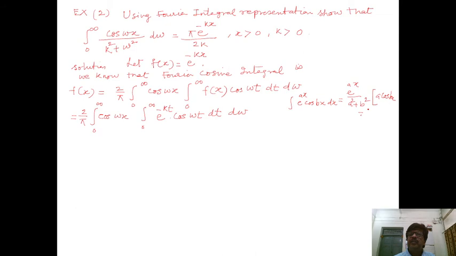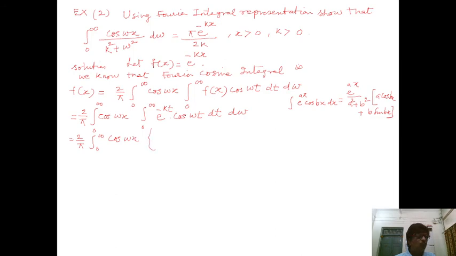2 by pi integral 0 to infinity cos of omega x. Now I would be using this formula here. The value of a is minus k and b is omega.